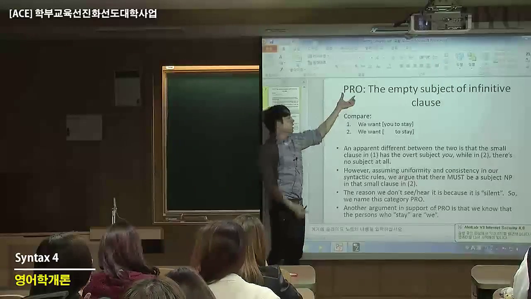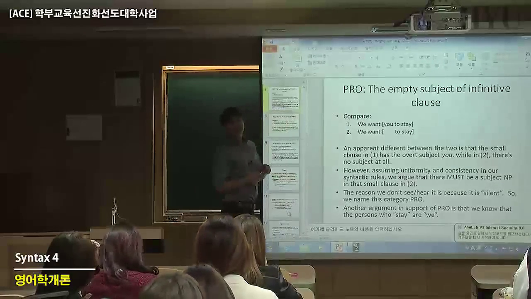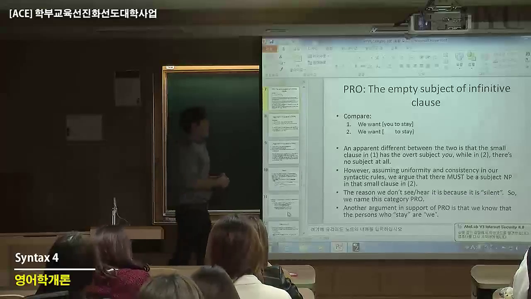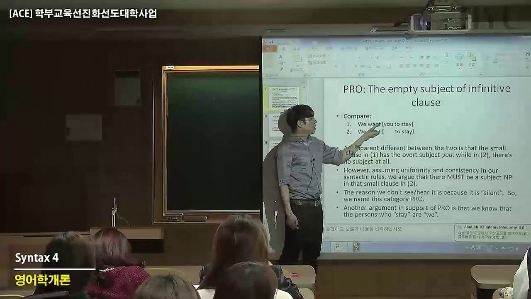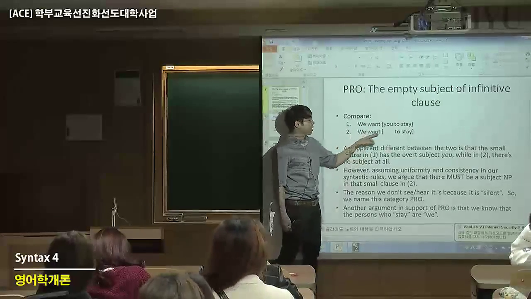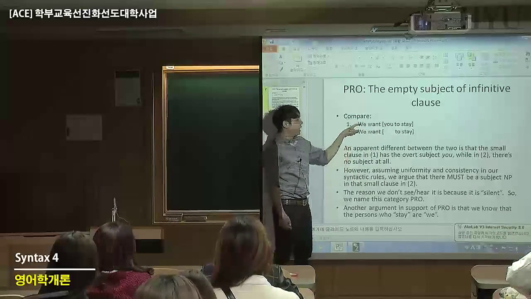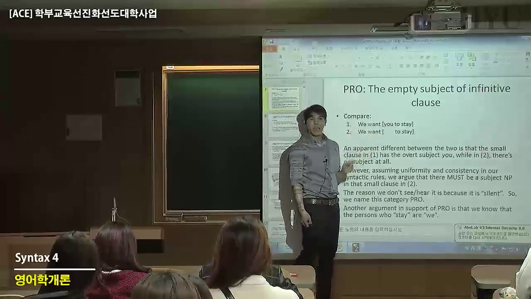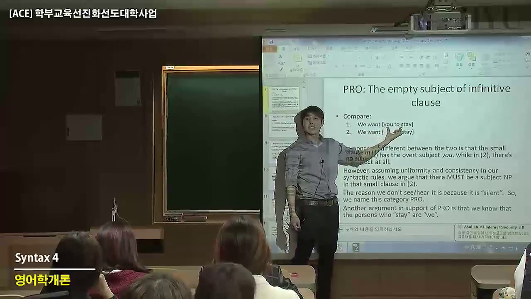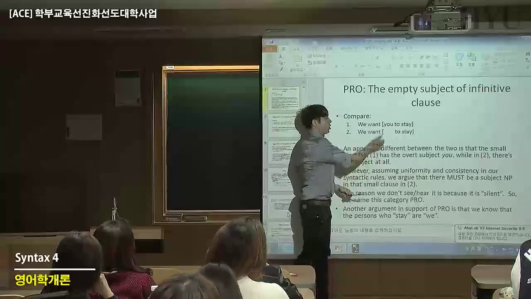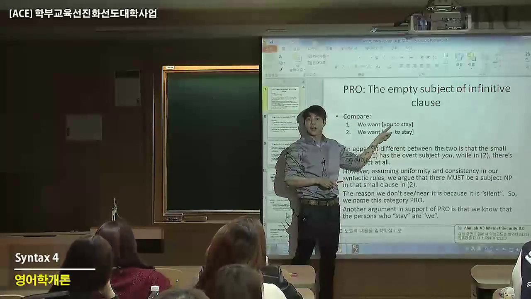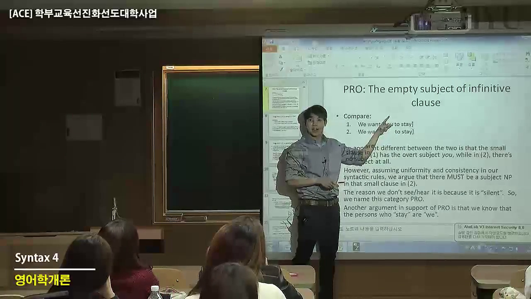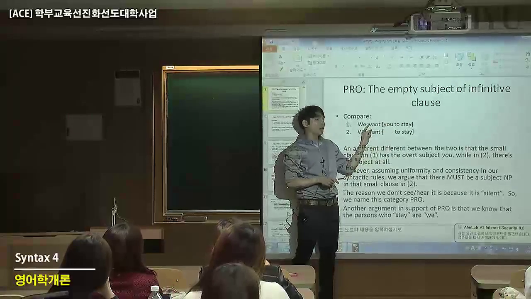Now, let's look at pro. Pro here is like pronoun, okay? Now, if you compare here, 1 and 2, we want you to stay, and we want to stay. In the first one, we want you to stay. You already know that this is a small clause, with you here as the subject of to stay. So it's a CP within we want.